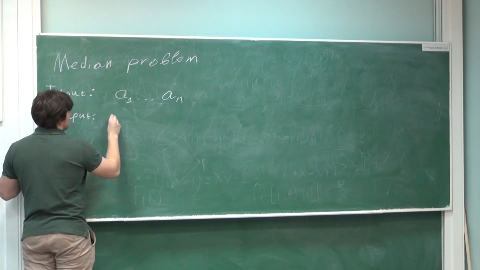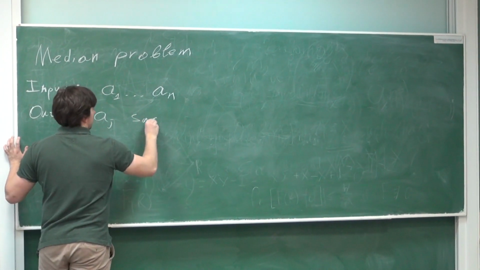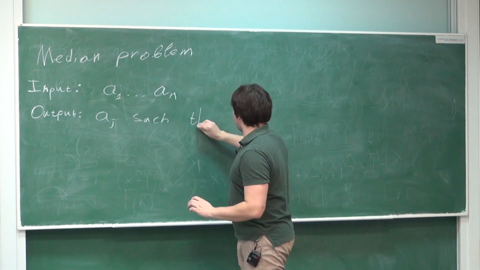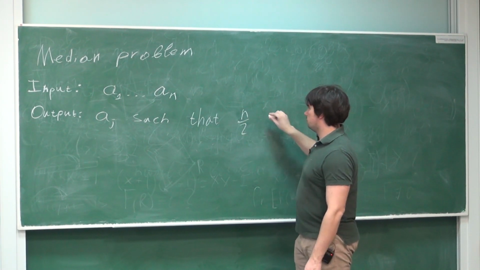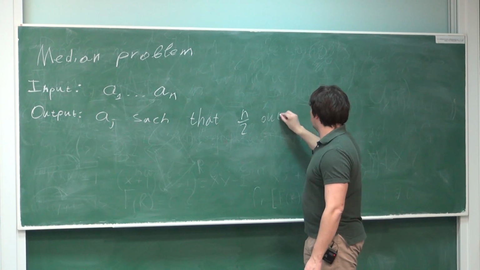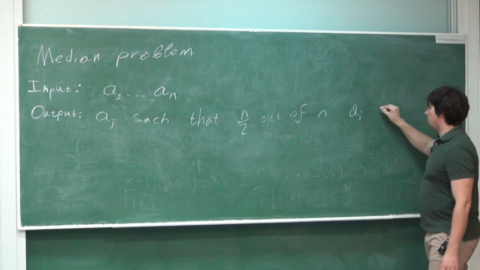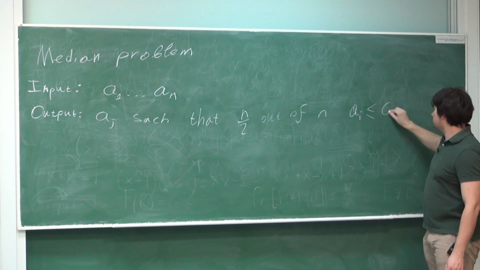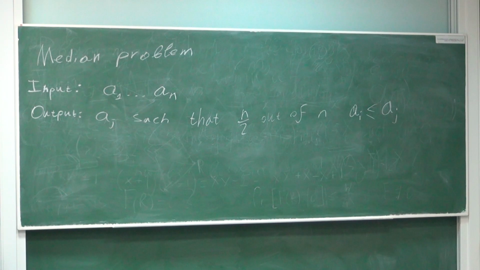So you need to output aj such that n over 2 out of n ai's are less or equal to aj. So you need to find an element that, if you sort all those numbers by value, would be right in the middle. That is the question.